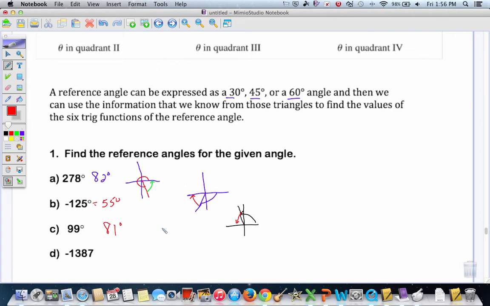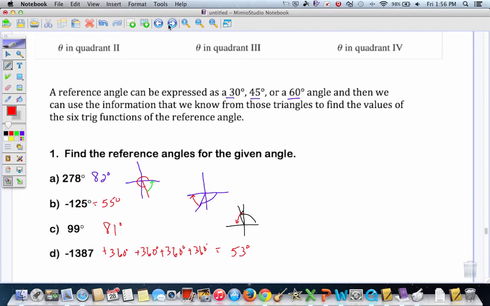For our negative 1387, the first thing we want to do is find a coterminal angle, so we keep adding 360 until we get there. If we add 360 4 times, that will get us a 53 degree angle, which is our coterminal angle, or in this case, also our reference angle.